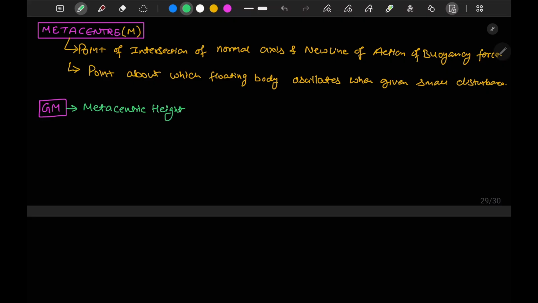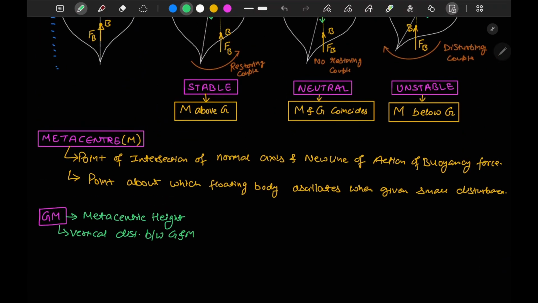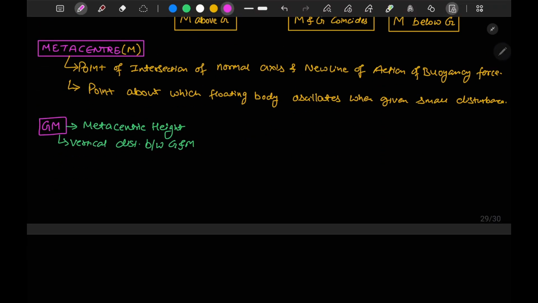Okay, and this is basically the vertical distance between G and M. And your distance between B and M is your metacentric radius.